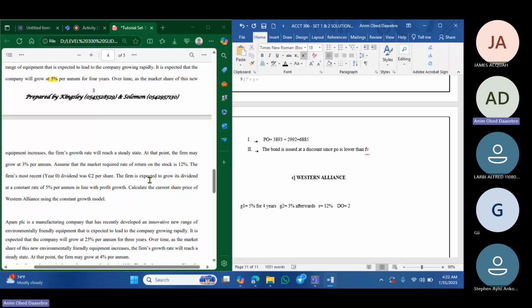The firm is expected to grow its dividends at a constant rate of 5% per annum in line with profits growth. That's what we have done already. That's the 5% constantly for 4 years. Calculate the current price of the Western Alliance share using the constant growth model. Okay.